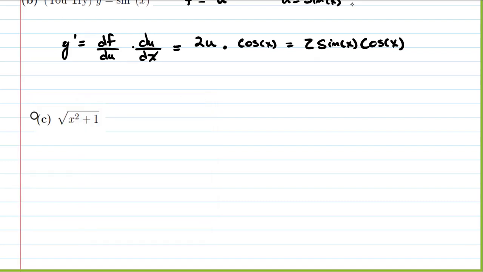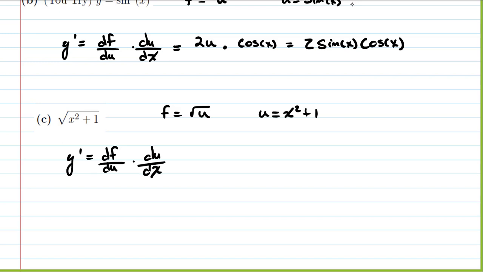Our decomposition this time is f is the square root of u, and u is x squared plus 1. So y prime is still df du times du dx. The square root of u, remember, is u to the 1/2 power. So our derivative is going to be 1/2 u to the negative 1/2 times du dx, which is 2x.